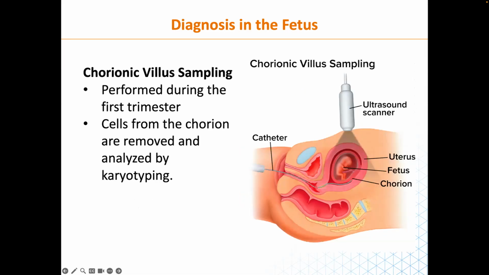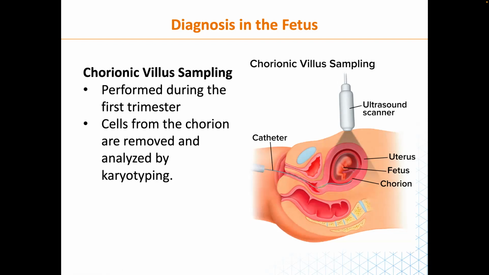The next one is called chorionic villus sampling. Chorionic villus sampling is performed during the first trimester. They remove cells from the chorion and analyze them by karyotyping. Why do they do this? They want to check if there is any genetic problem.